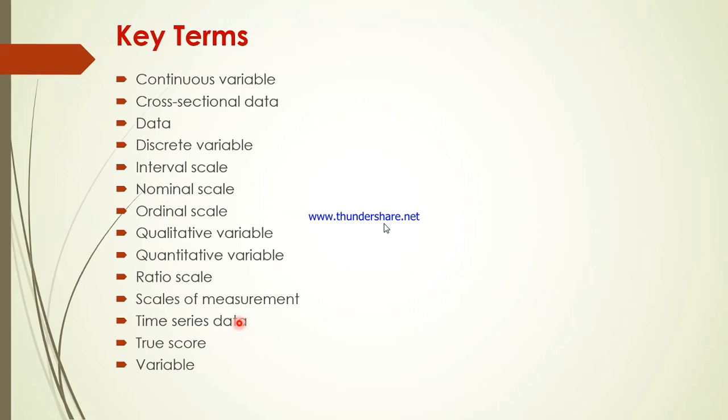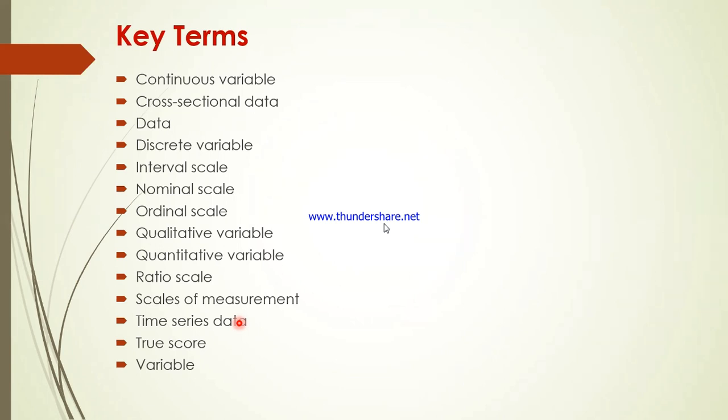Next, in the hierarchical order, is the ordinal scale of measurement. Here the measures can be compared. We can compare, but we cannot find a meaningful difference between two measures, right?